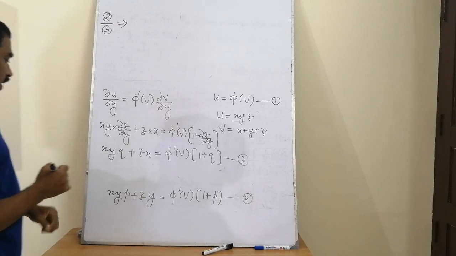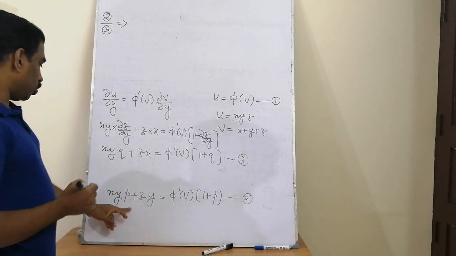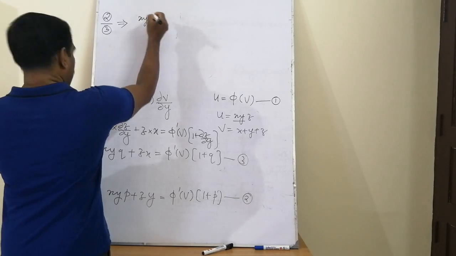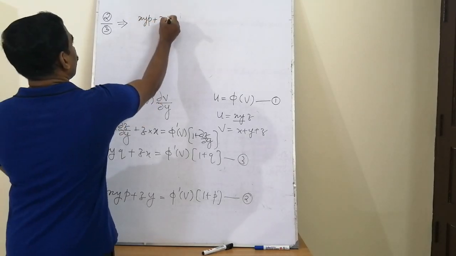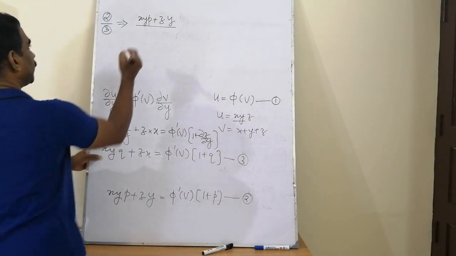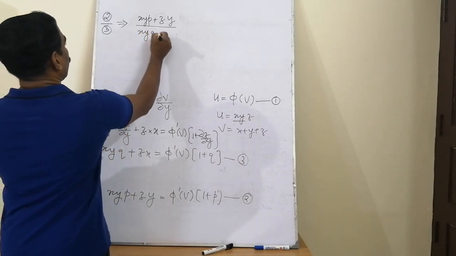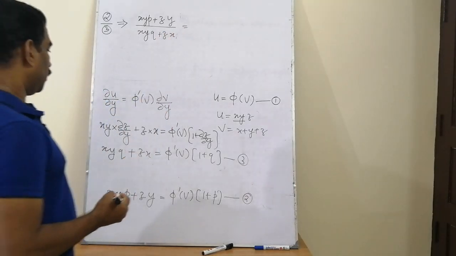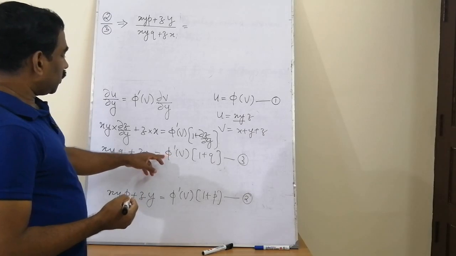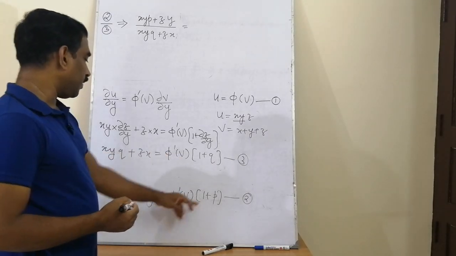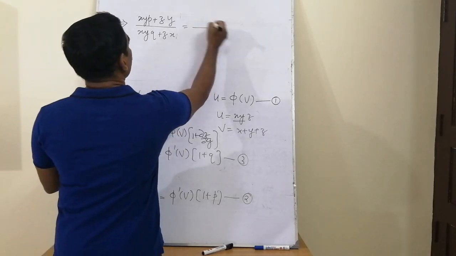Equation 2 by equation 3 implies equation 2, that is xyp plus zy divided by xyq plus zx is equal to, on division this phi dash of v term gets cancelled, so the right hand side becomes 1 plus p divided by 1 plus q.